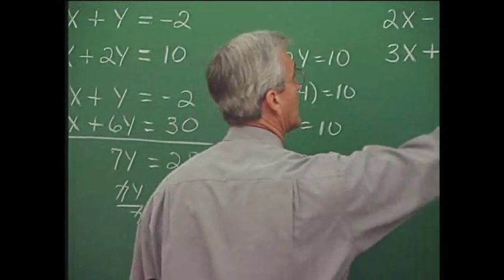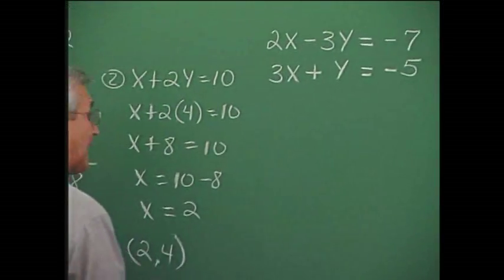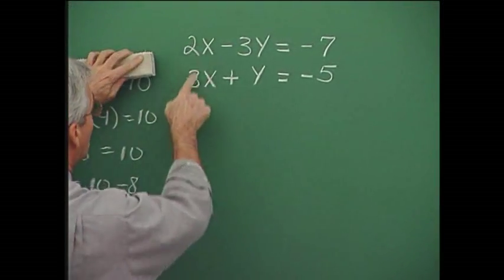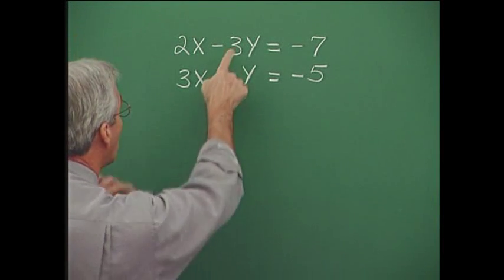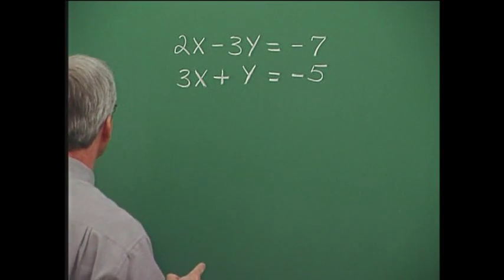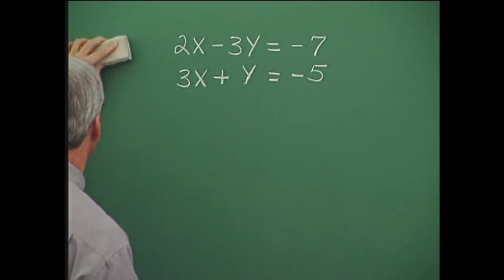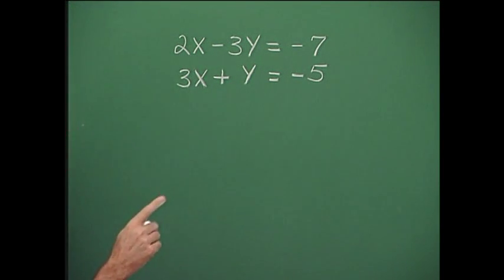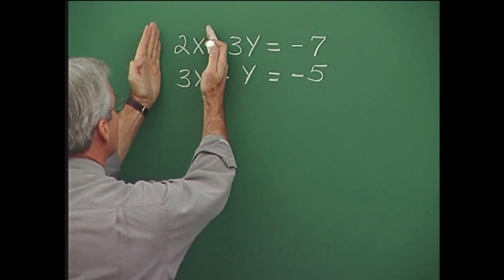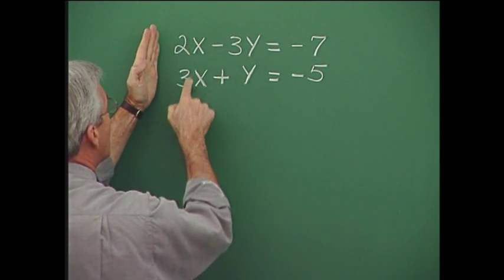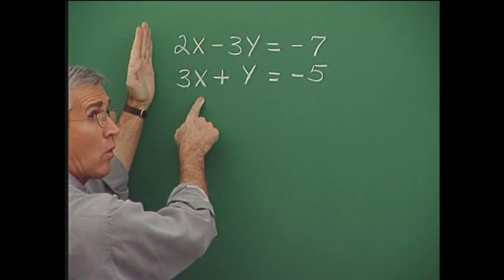Here's another system. I can elect to attack the coefficients of x or the coefficients of y. And sometimes one of those pairs is easier to deal with than the other. If I were to attack the coefficients of x, then I would end up having to manipulate in both equations.